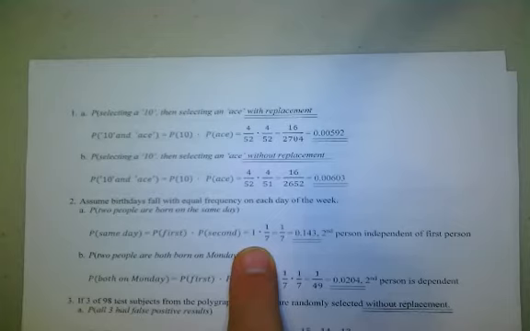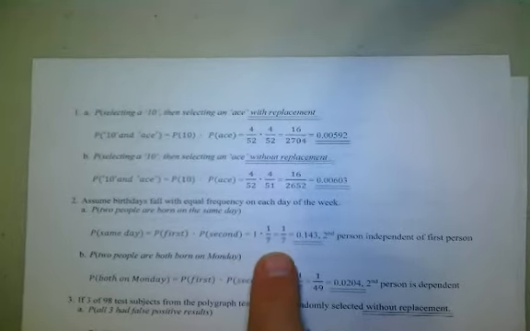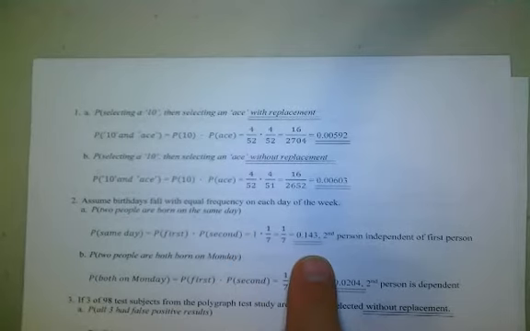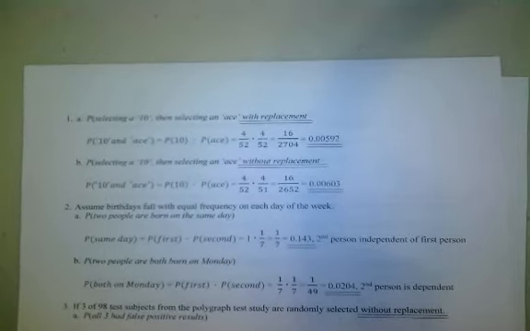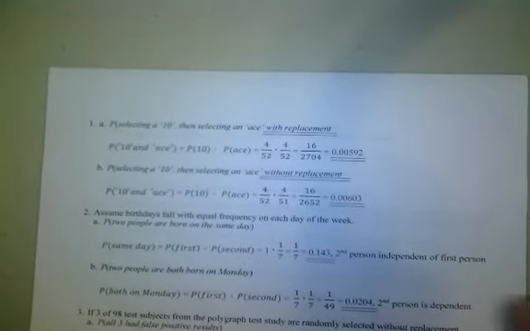We don't know which day, but it's one of them, so that's 100% accurate. On the other hand, the second person has to be born on the same day as the first person, and there's only one of those days of the week that's going to work. So 1 times 1/7 gives me 1/7, or 0.143. The second person was independent of the first person, and that's why it adjusted there.